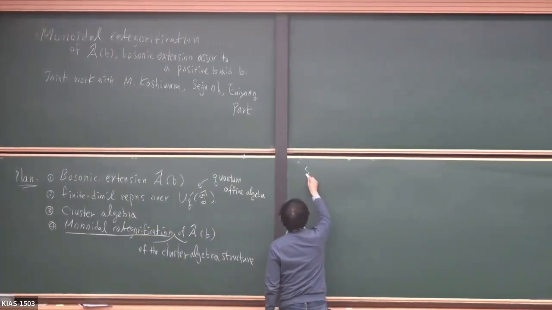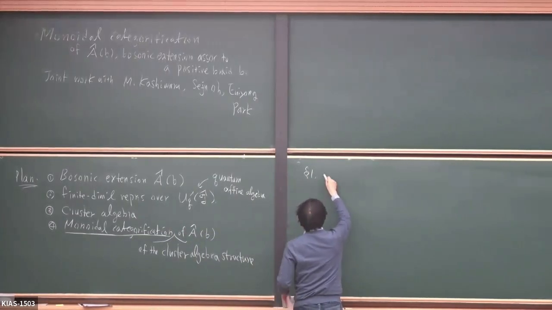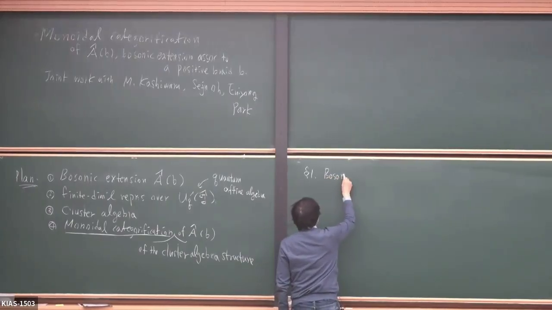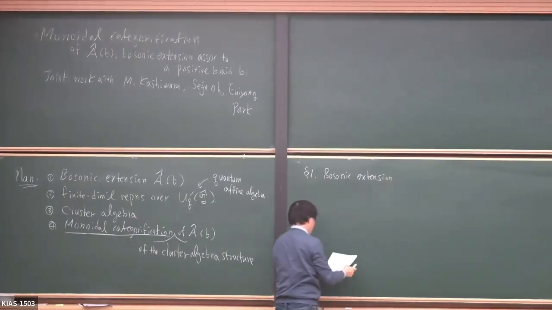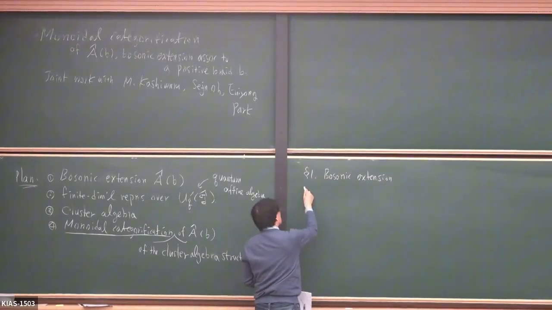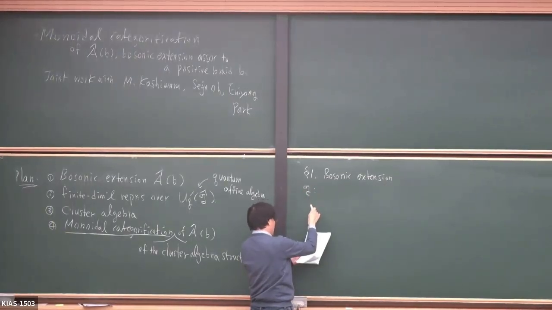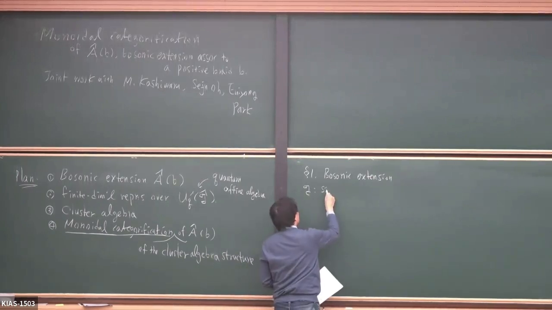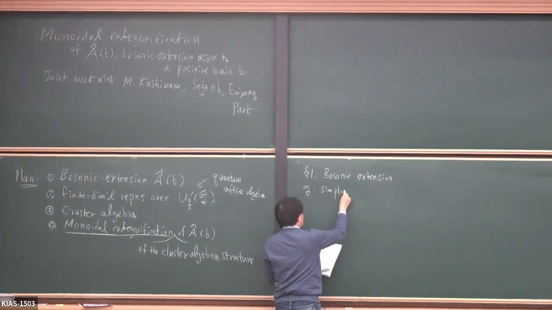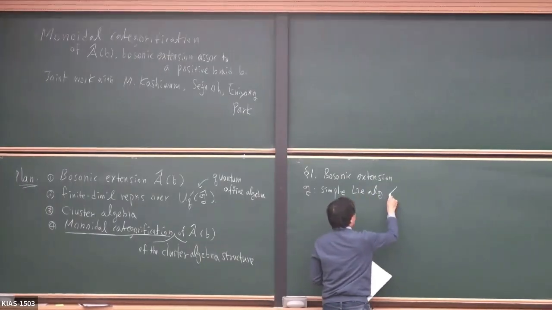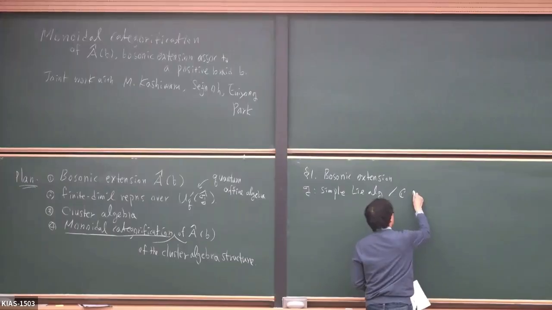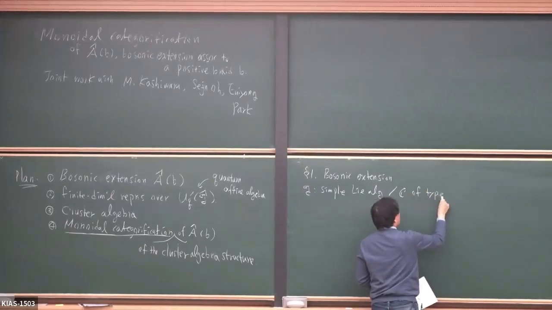Okay, the first thing is the bosonic extension. Today I'll fix a simple Lie algebra over C of ADE type.